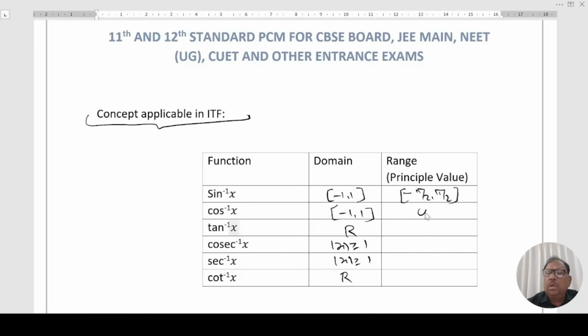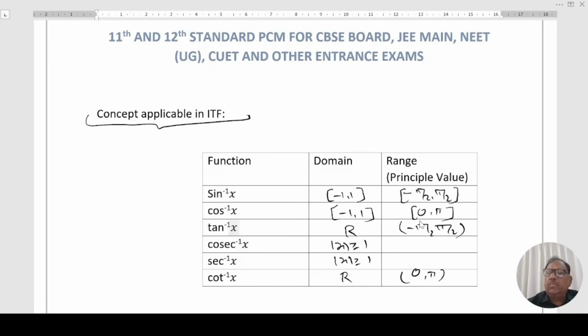In the case of cos inverse, 0 to pi, closed interval. In case of tan inverse, minus pi by 2 to pi by 2, open interval. In case of cot inverse, 0 to pi, open interval.